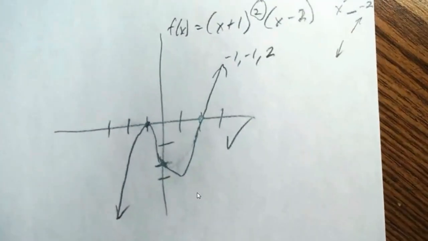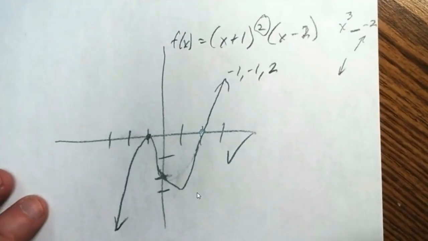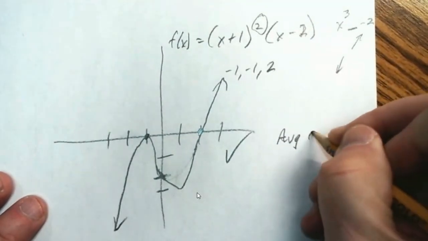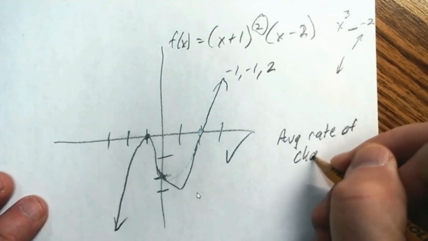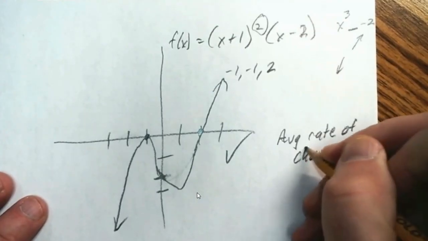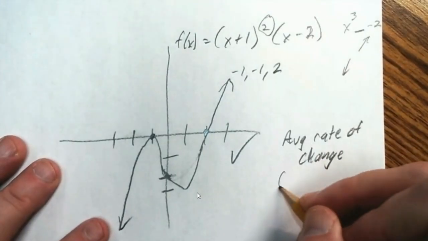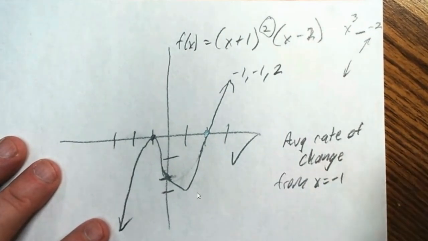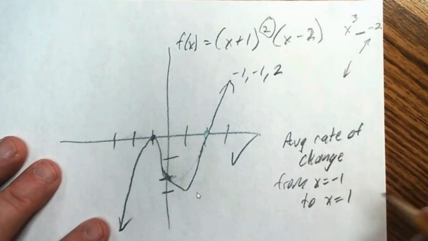Okay. So if we said average rate of change, what is the average rate of change between? Now you got to tell it when you say average rate of change, between where and where? Tell me where to start. From x equals -1 to x equals 1.